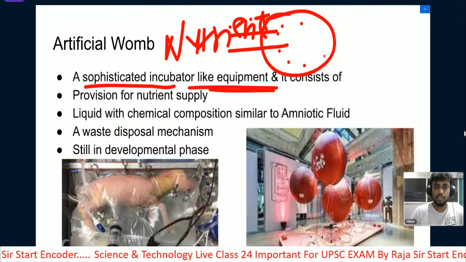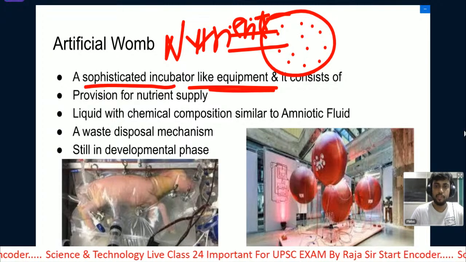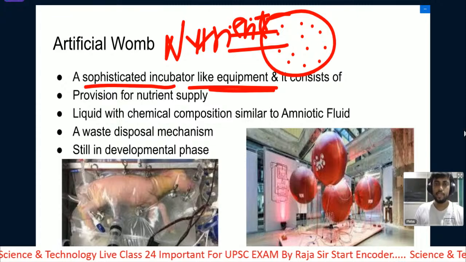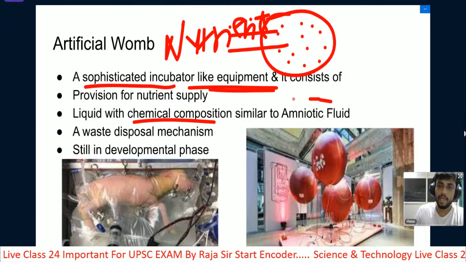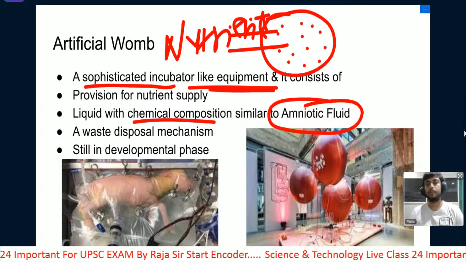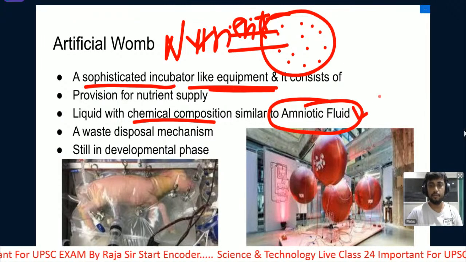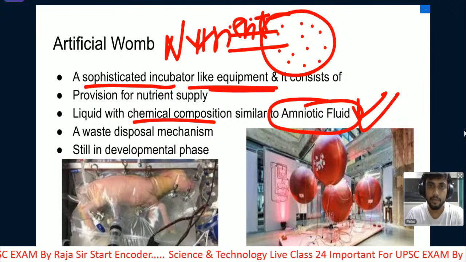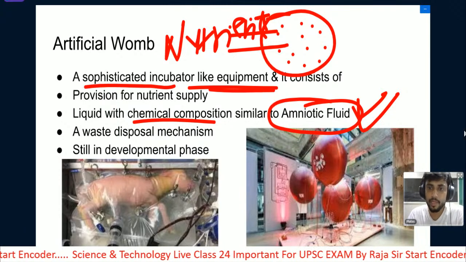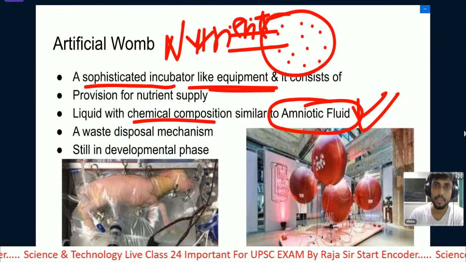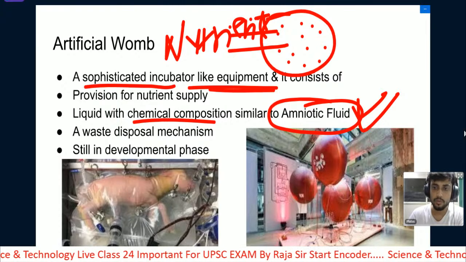And we fill this artificial womb with a chemical fluid, whose chemical composition is similar to the amniotic fluid. Amniotic fluid is basically the fluid which is found inside the womb of a human female. The amniotic fluid is present in which the child grows.